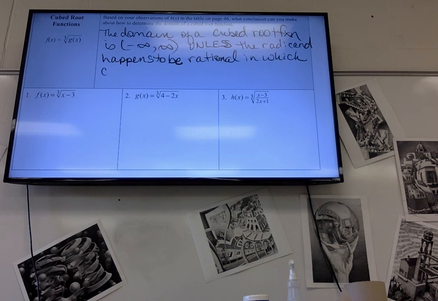In which case, any value of x that makes the denominator equal to 0 must be excluded.